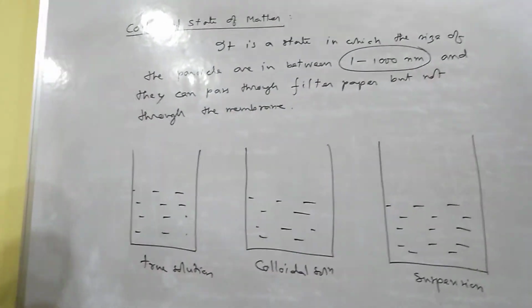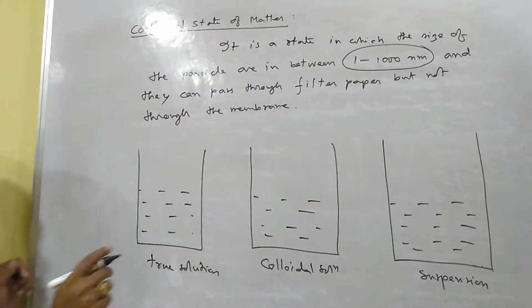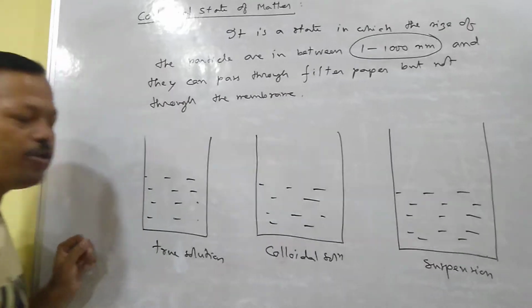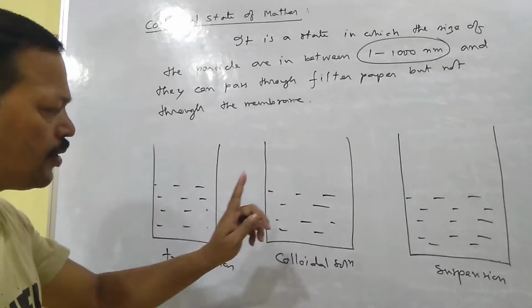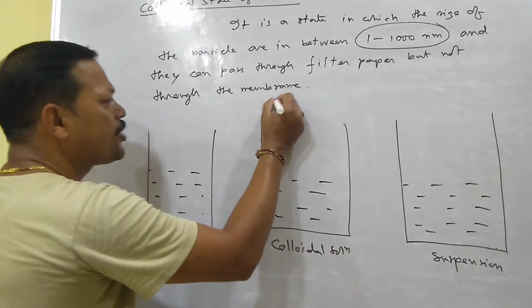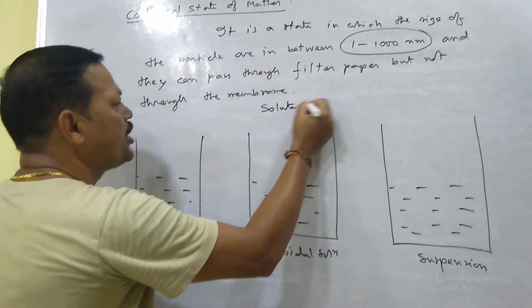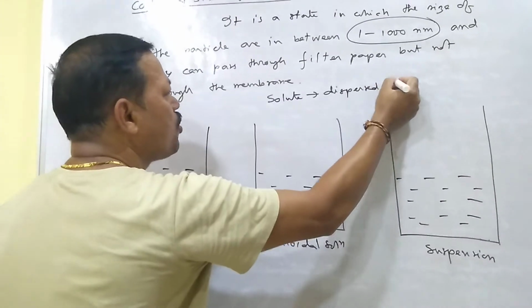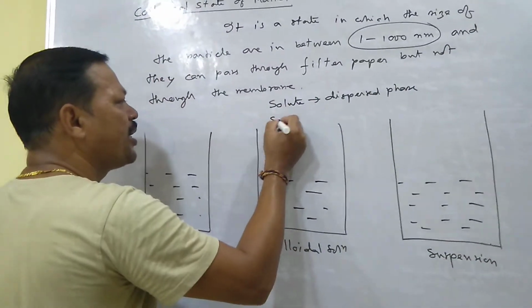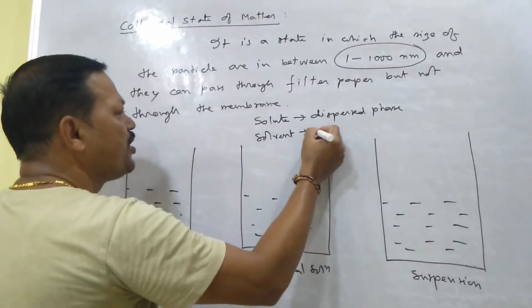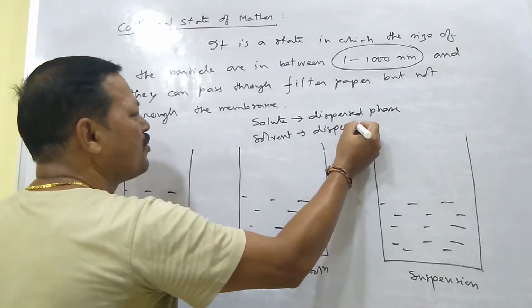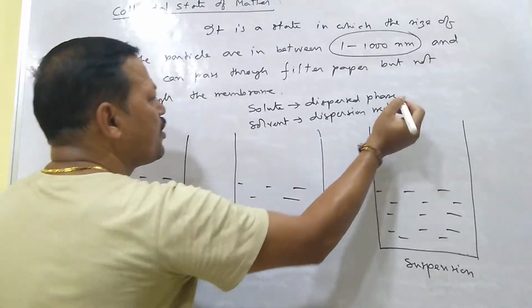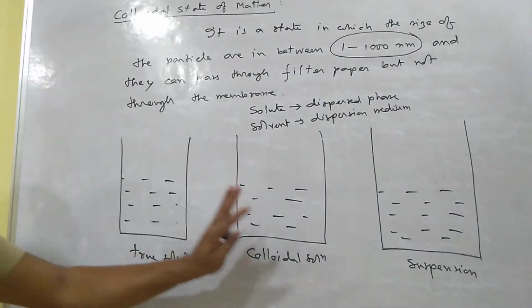And in colloidal solution, you know, normally a solution contains some solute and solvent. In colloidal solution, the solute is called disperse phase, and the solvent is called dispersion medium. These terms are used only in colloidal solution.